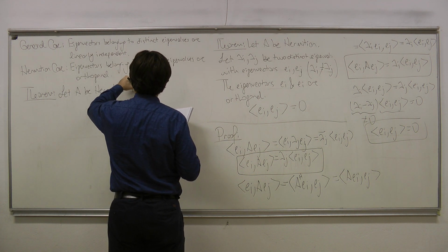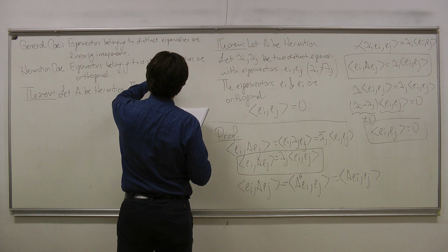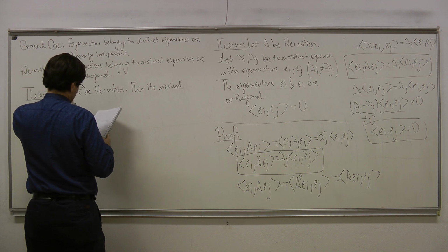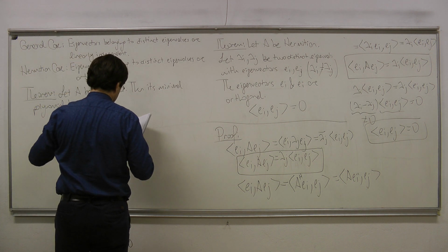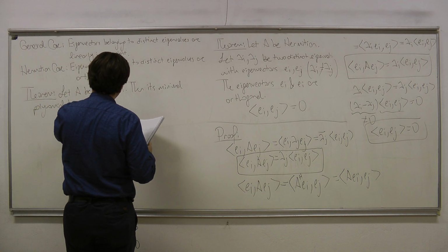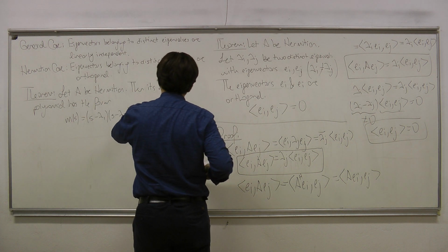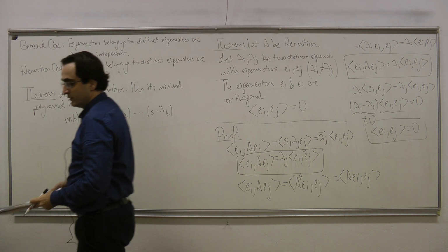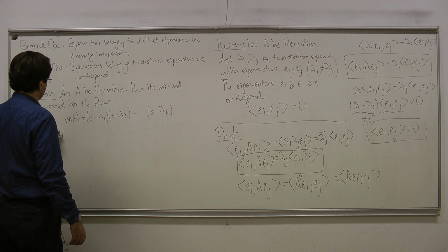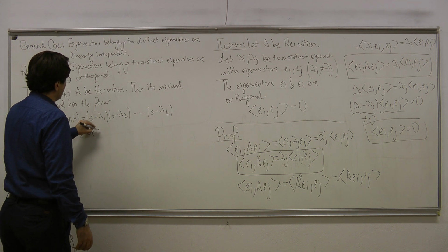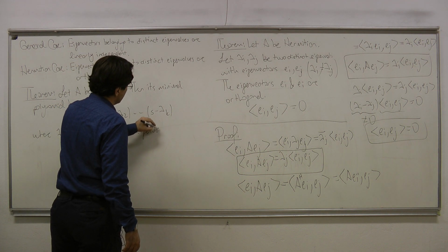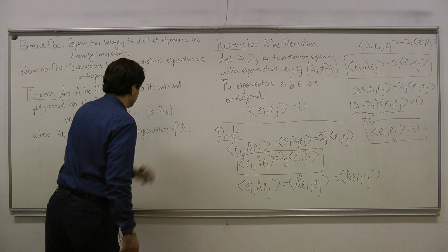Then its minimal polynomial has the form m of s equals s minus lambda 1, s minus lambda 2, going until s minus lambda k, where lambda 1 to lambda k are the distinct eigenvalues of A.